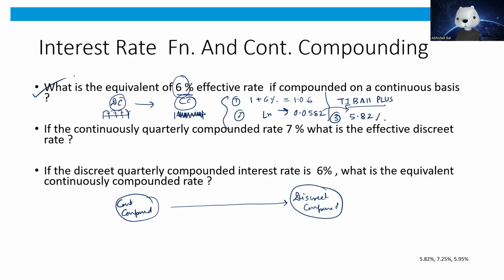All right. The second question asks, if the continuously quarterly compounded rate is 7%, what is the effective discrete rate? Now, this question is a little deceptive and may seem a little out of the blue. It says continuously compounded, but on a quarterly fashion.